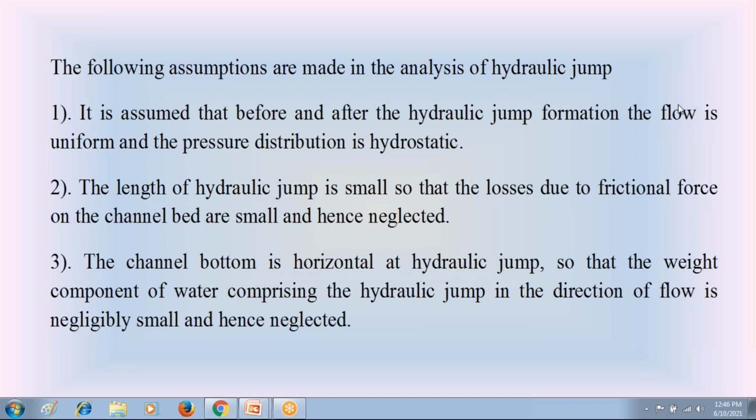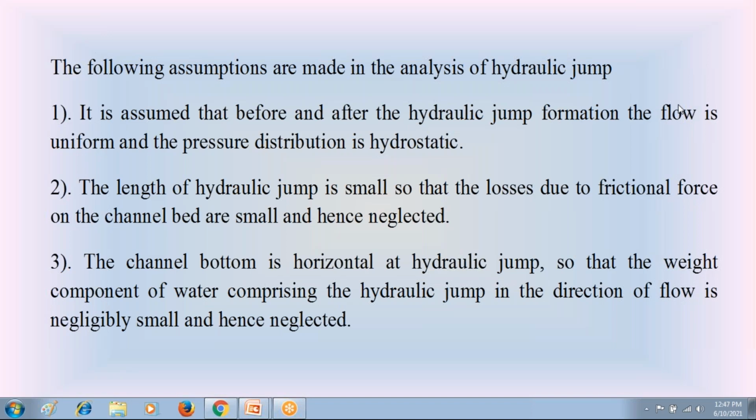In that small length of hydraulic jump, we neglect the frictional forces at the bottom of the channel. We know that the channel bottom is a rough bottom, that is a river, artificial channel, stream. The channel bottom applies friction force on the water flow. That is already known.